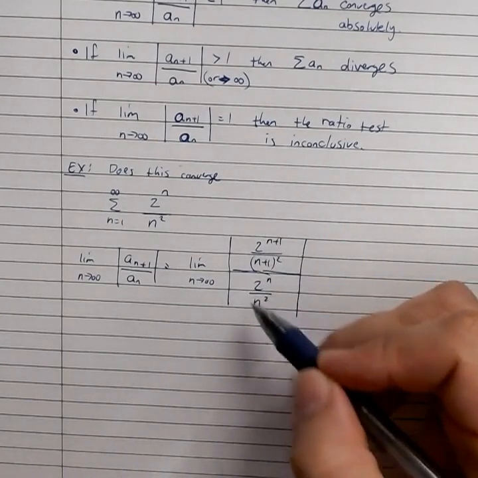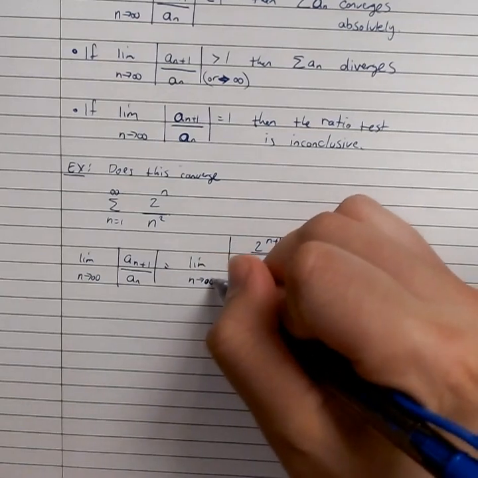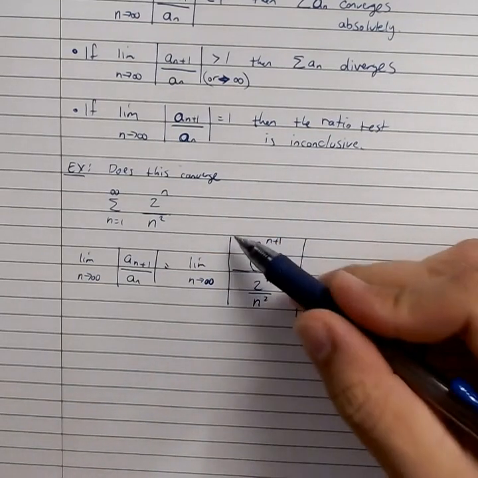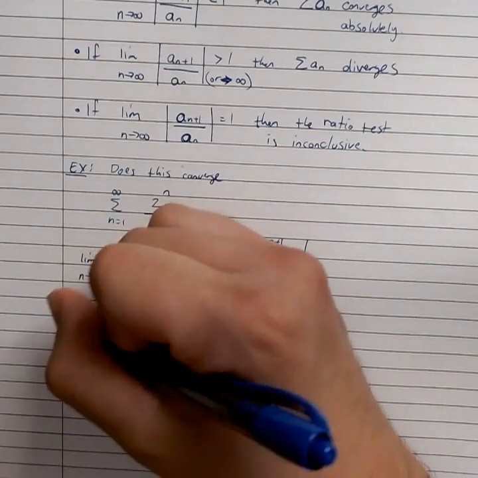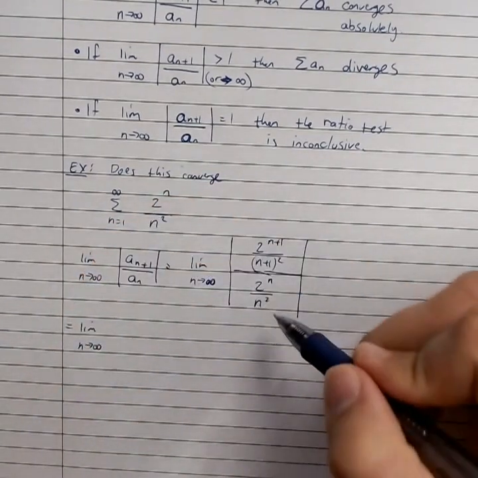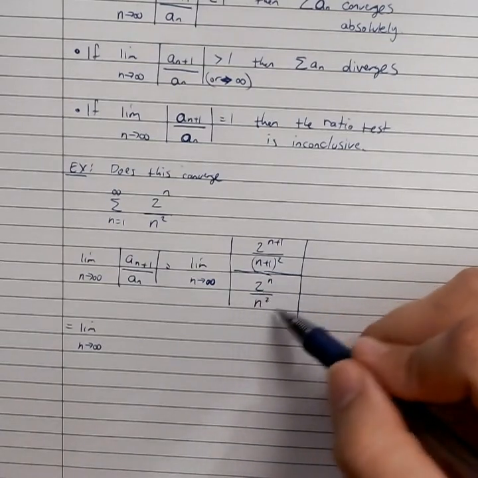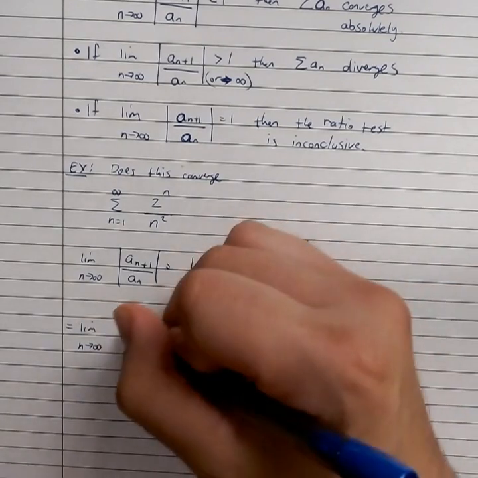Notice all of these terms are positive, so the absolute values make no difference. All right. So here, in my next step, I'm going to write this without absolute values. So I could just write this as the limit as n approaches infinity of, and now without absolute values. Notice I'm dividing by a fraction. Well, the same as multiplying by the reciprocal.